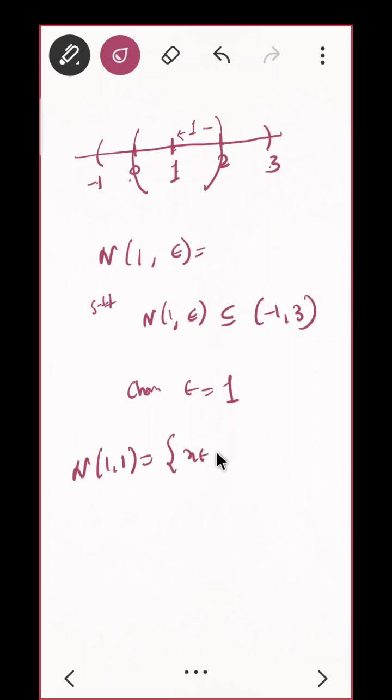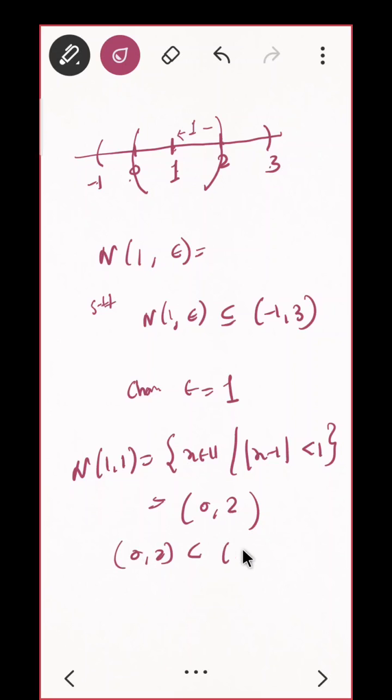What will be N of 1, 1? Set of all x belonging to real numbers such that mod of x minus 1 is less than 1. Can you quickly tell me what this will be? x minus 1 is less than 1. 0 to 2. Do you agree? And do you see we have proved that 0 to 2 is completely lying in the interval minus 1 to 3.